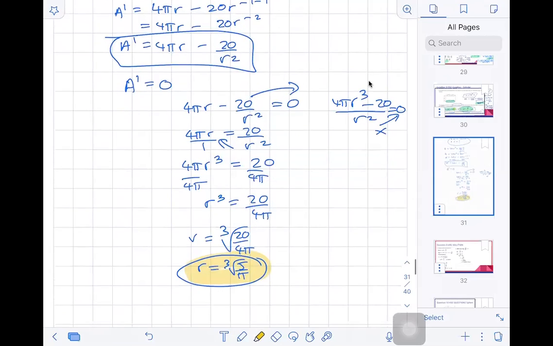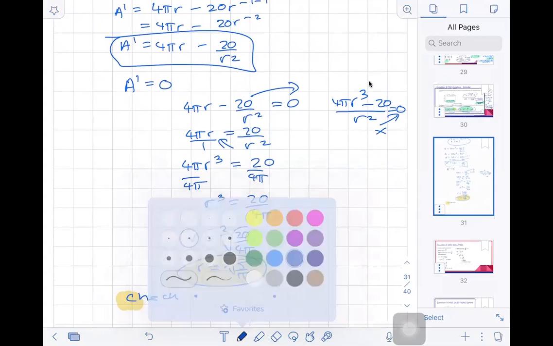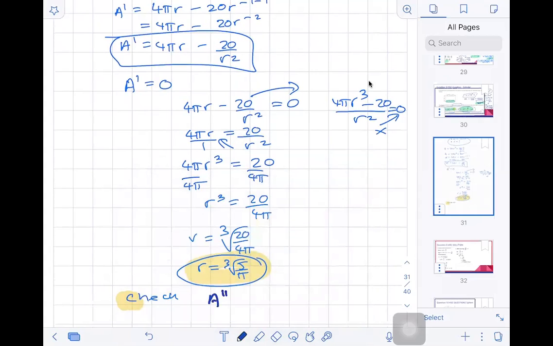Now, I don't know if this is a minimum or not. So what I have to do is now check. In order to do that, I could do 2 different things. But I'm going to go for A double dash because I'm thinking A dash isn't that bad. It's 4 pi r minus 20 r to the minus 2.